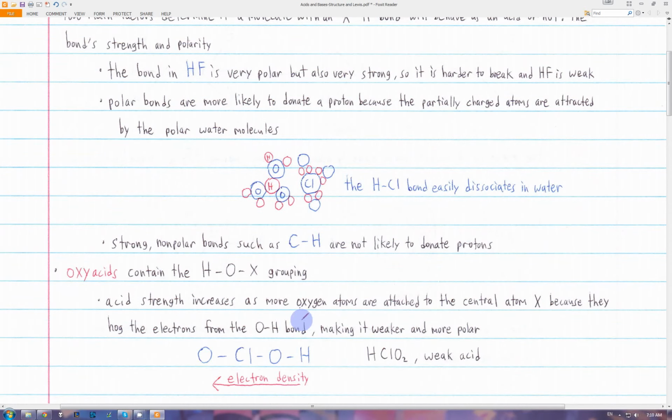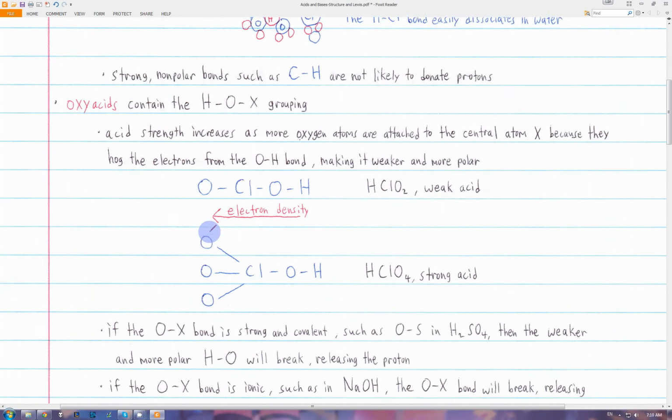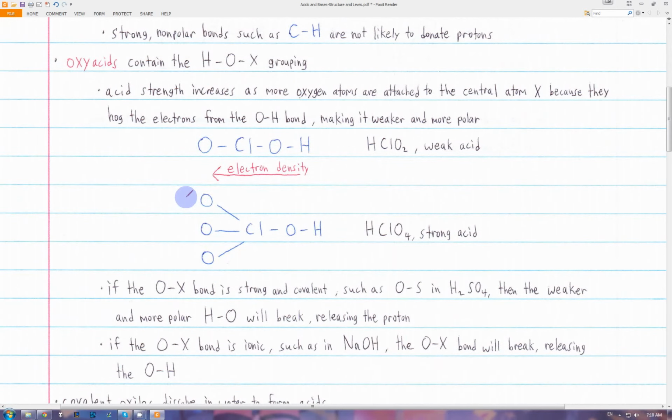So another class of acids is the oxy acids, which contain a hydrogen bonded to an oxygen. So this bond is always pretty polar, so we have to look at the third atom in this three atom sequence.